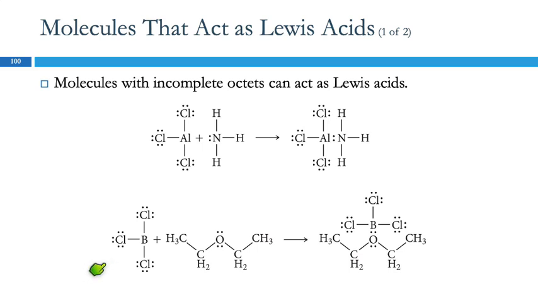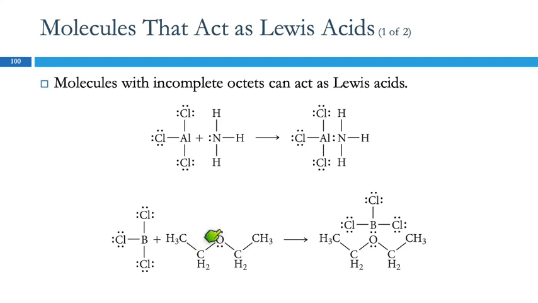Here's another one that, never would I expect you to look at that and say, oh, that's an acid-base reaction. That just looks confusing, doesn't it? Well, what's going on here? Well, here we have boron, this time with chlorine instead of fluorine, incomplete octet. And over here, we have this oxygen that has 2 lone pairs. The Lewis base is going to have some lone pairs, because that's what it donates.